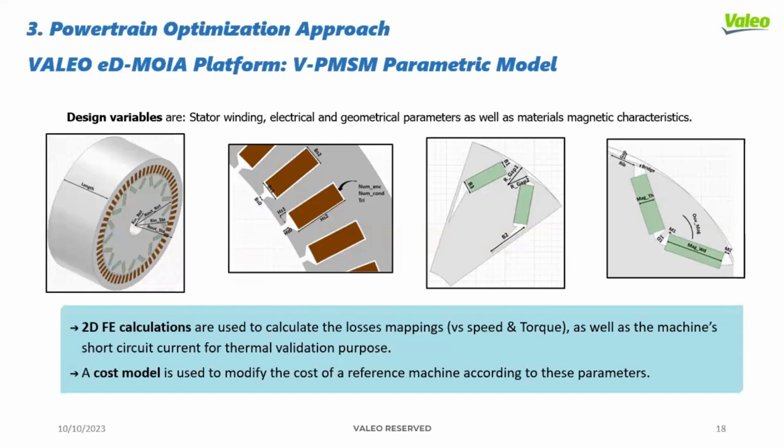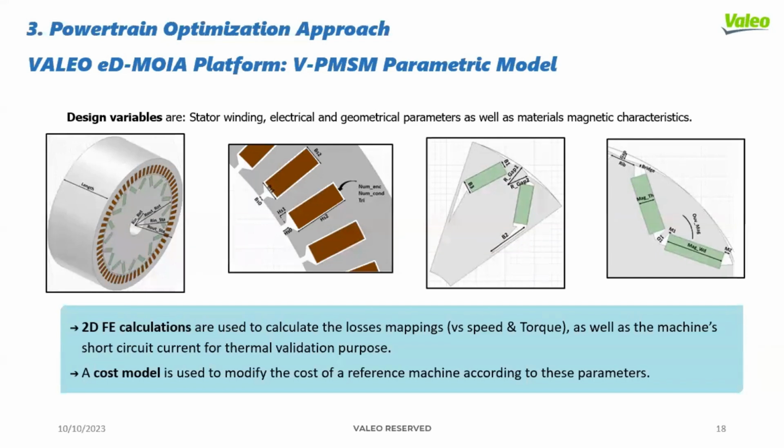And the idea is to have 2D finite elements calculation to calculate the maps of the machine, as well as to have some tests, thermal tests, or for example, calculation of the short circuit current or other calculations that are needed for the estimation of the performance of the machine or the whole system.